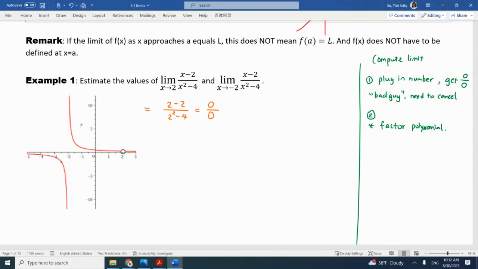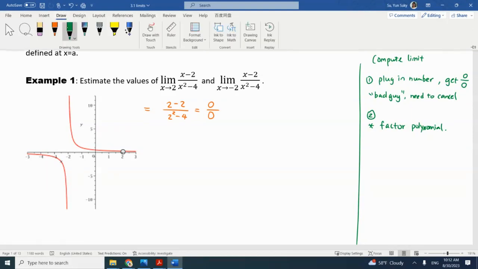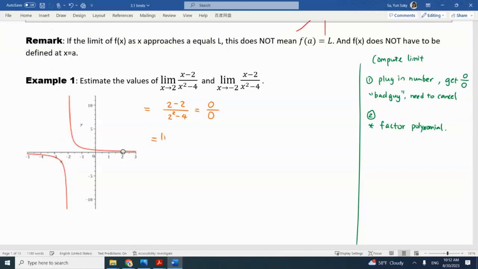Let's see here. Limit as x goes to 2. The numerator x minus 2, because it's already a linear factor, you cannot factor further. Questions? Yes. Why do we choose 2?